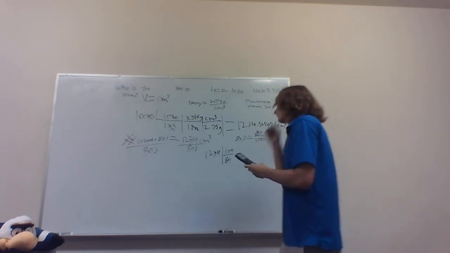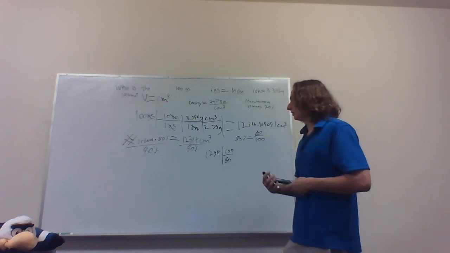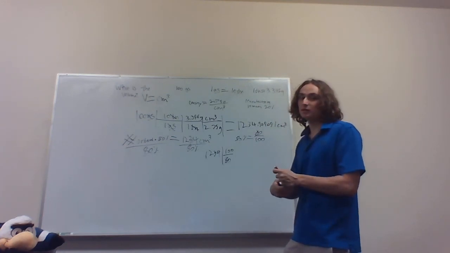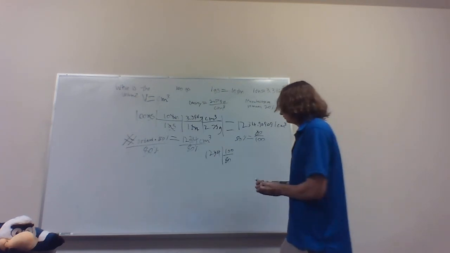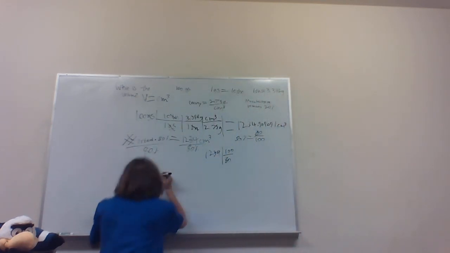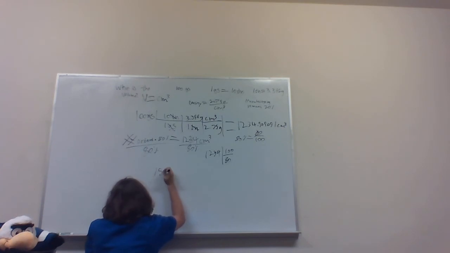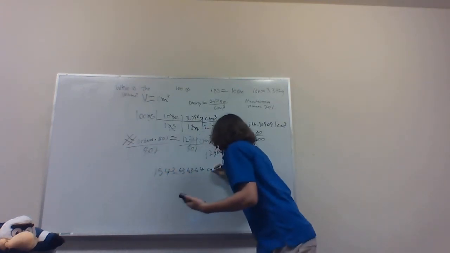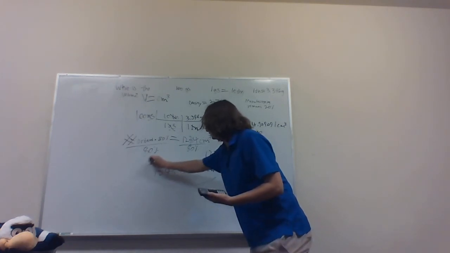And this is the exact amount of volume in cm cubed that we'll need to order. And this will give us 1543.6364 cm cubed. And this is our answer right here.